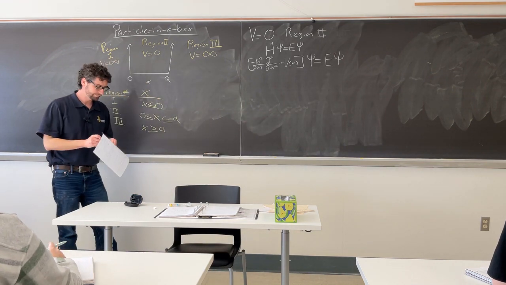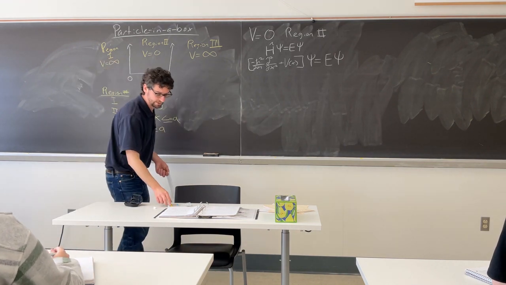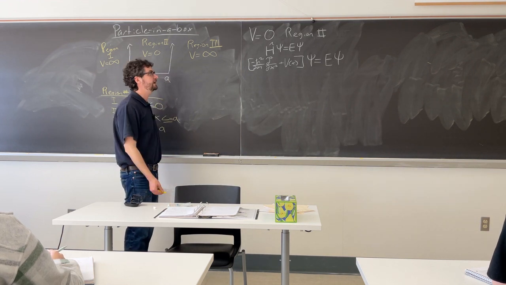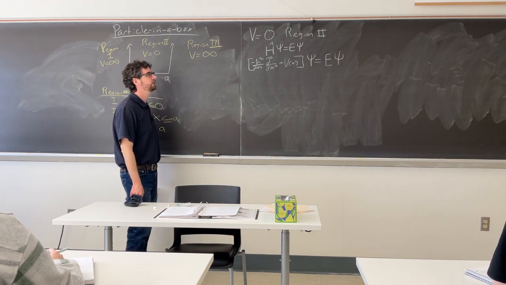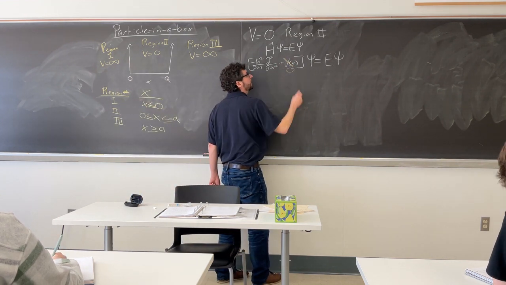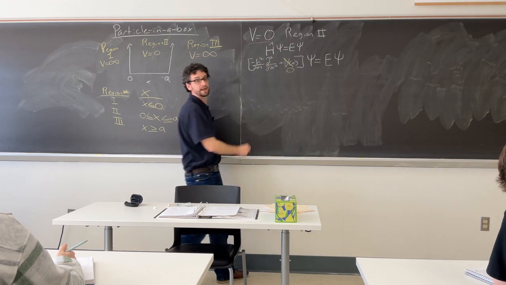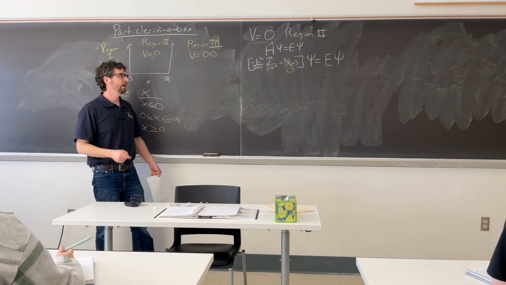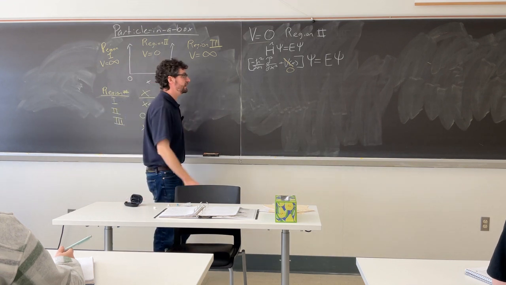Okay. Can we simplify this in any way with what we know? What can we get rid of? The potential, the reason it's 0, we set it to 0. So now, how does our equation change?